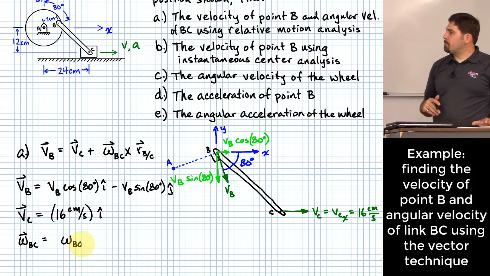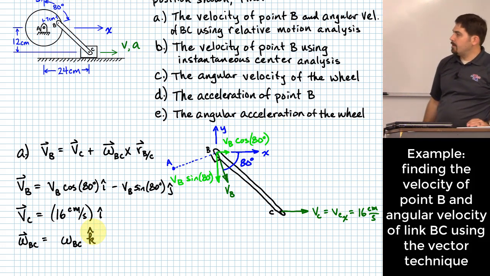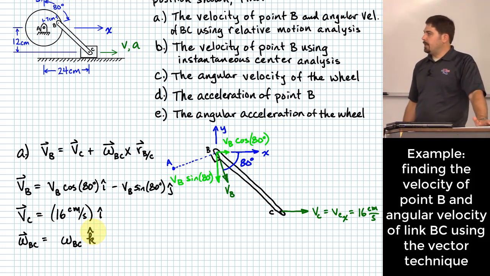And this being a 2D problem in X and Y like this, all the rotations that you have are around the Z-axis. It's pointing out at you, right? So my omega BC is just going to be equal to omega BC times that unit vector in the Z direction coming out at you, okay? All right, so there's my omega BC.